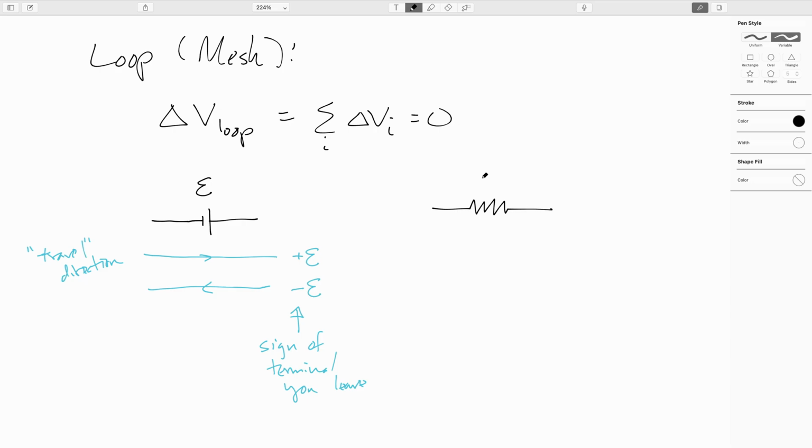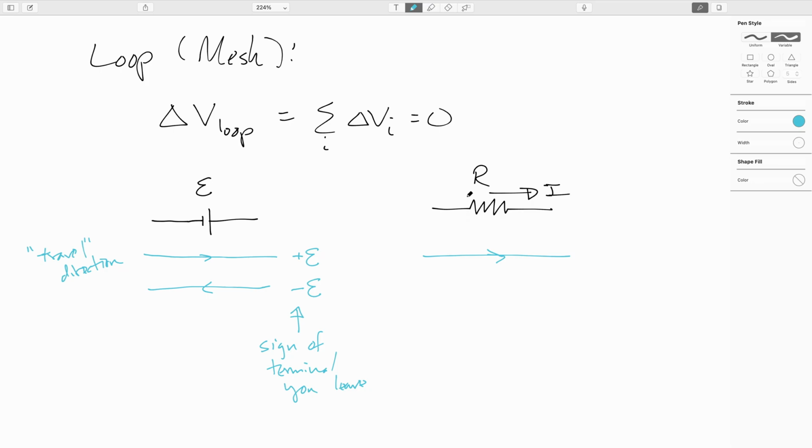Now with a resistor, what matters is the direction of flow of the assigned current. So let's just say we are assigning the current as flowing to the right. So again here, if I'm walking my dog along the resistor in the direction of conventional current flow, we know that the electric field inside the resistor points in the direction of conventional current flow.